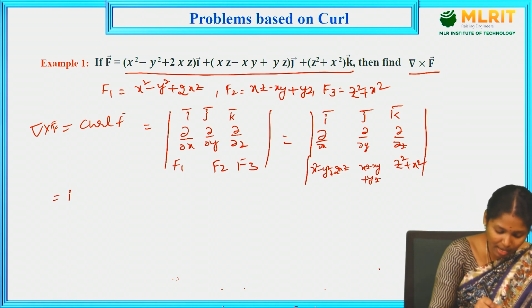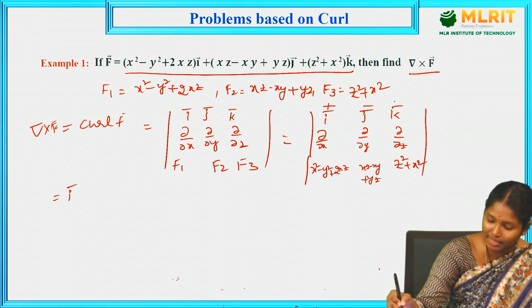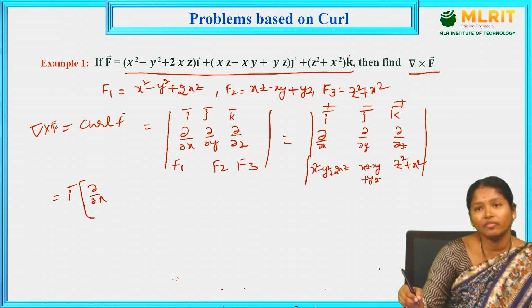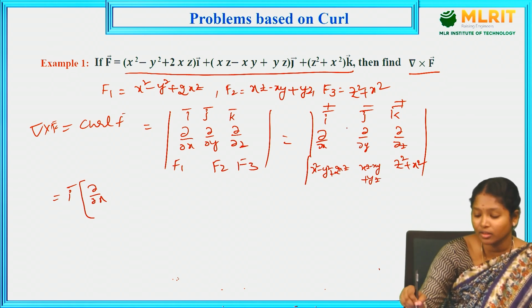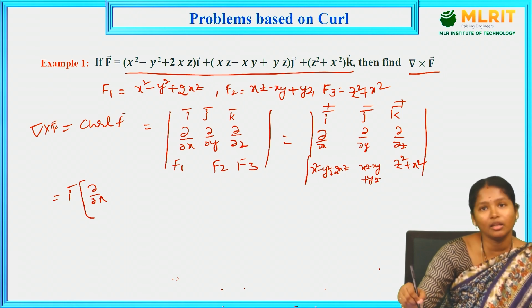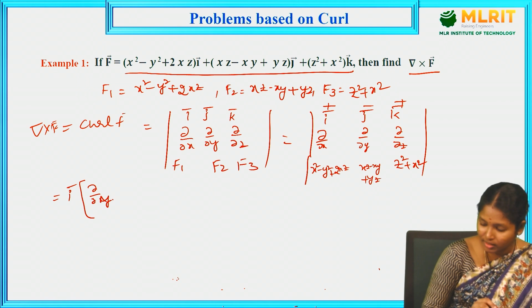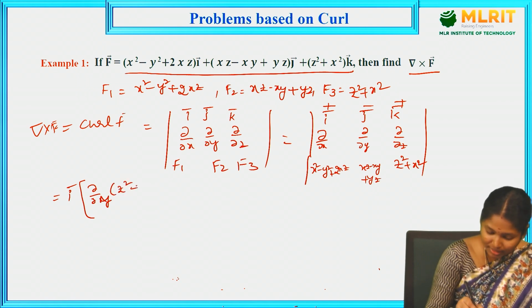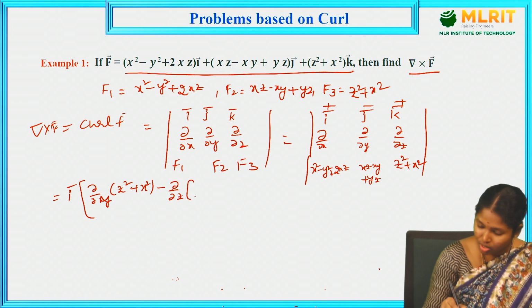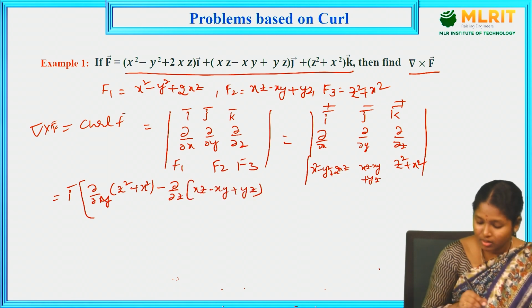First i bar, here plus, minus, plus. So i bar into dou by dou x of. How do we find the determinant? We are finding i bar, right? So this row and this column will be eliminated, and we take the cross product. So dou by dou y into z square plus x square minus dou by dou z into xz minus xy plus yz.